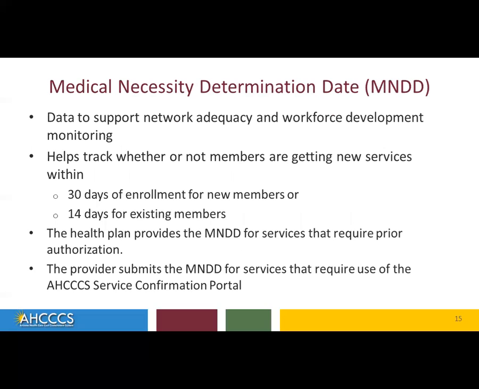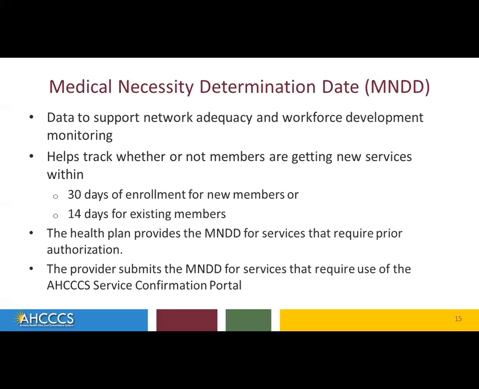The reason we're asking for this is because it helps support our planning, both Access and the health plan, to determine whether we have an adequate network, meaning we have enough providers to provide services. It also helps us understand whether we have enough people, so our workforce development monitoring, do we provide the service?